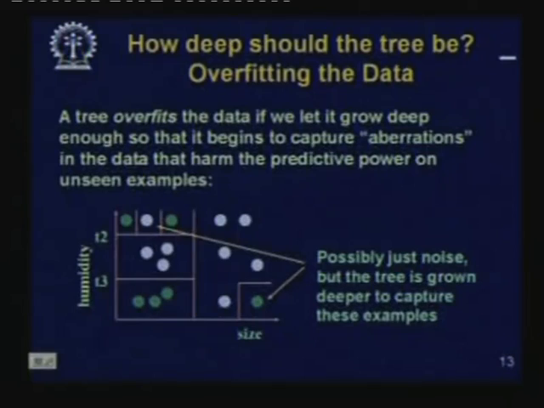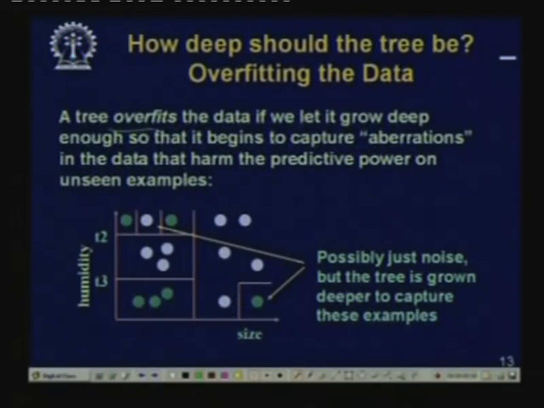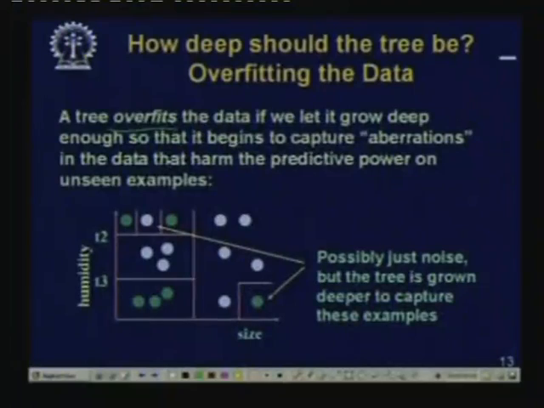Now, let us look at how overfitting can be avoided. A tree, or indeed any classifier, is said to overfit the data if we let the tree grow deep enough so that it captures aberrations in the data. It tries to fit the aberrations in the data to get a perfect fit, and this harms the predictive power on unseen examples. For example, look at this example here.